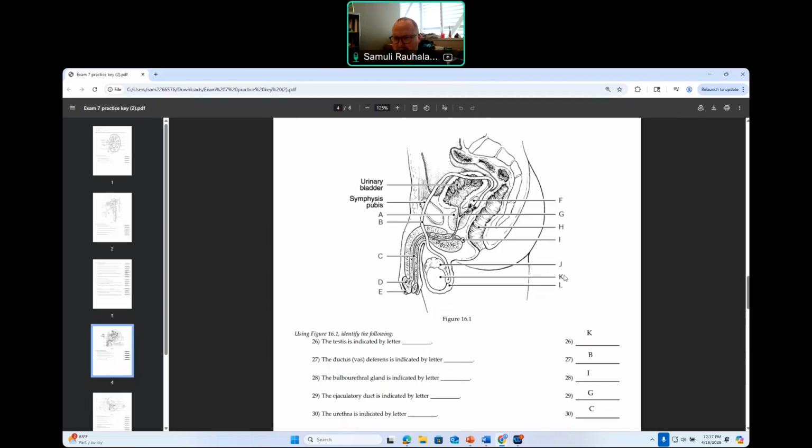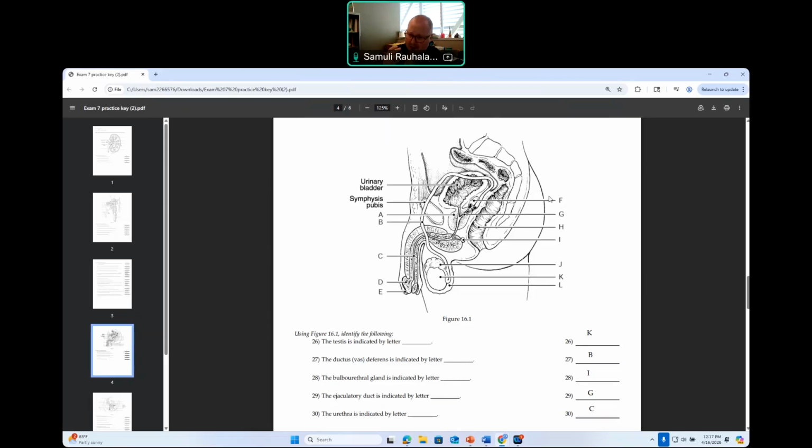Resting on top of them is the epididymis, shown with letter J. Then we get to the vas deferens, sometimes called the ductus deferens, which is this long tube that loops over the urinary bladder to the back of it, where it dilates into a structure known as the ampulla. Right next to it is the seminal vesicle, which would be letter F on this diagram.